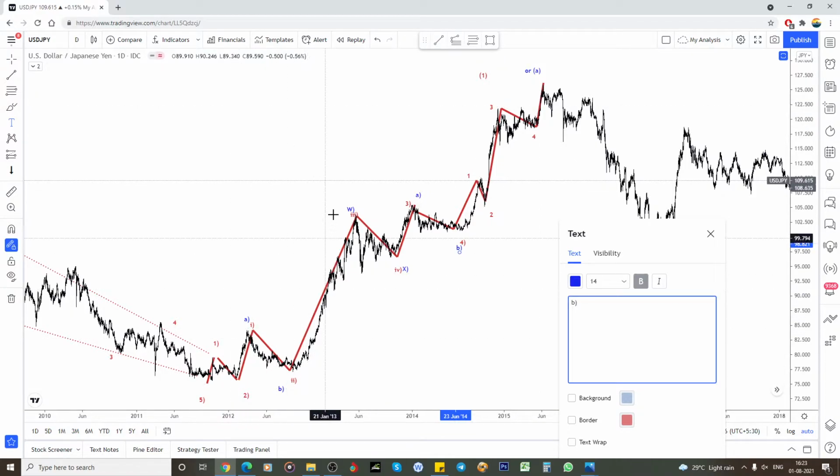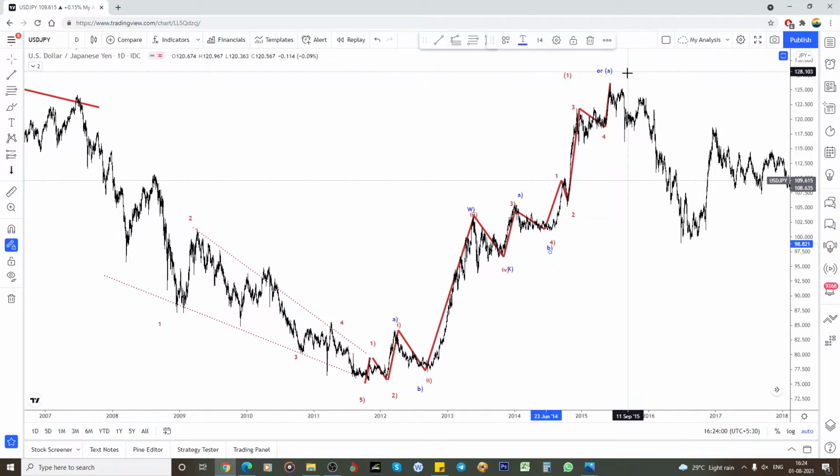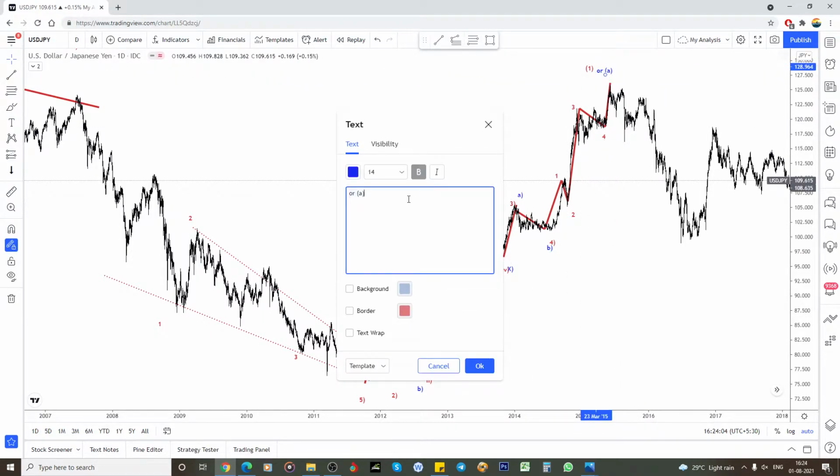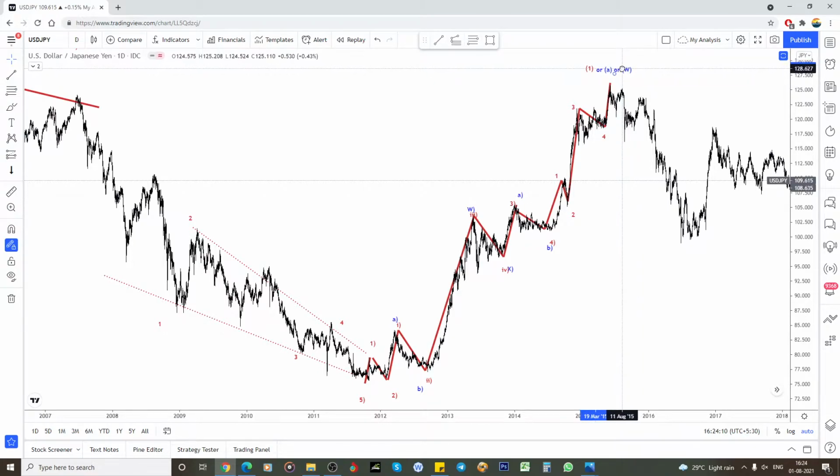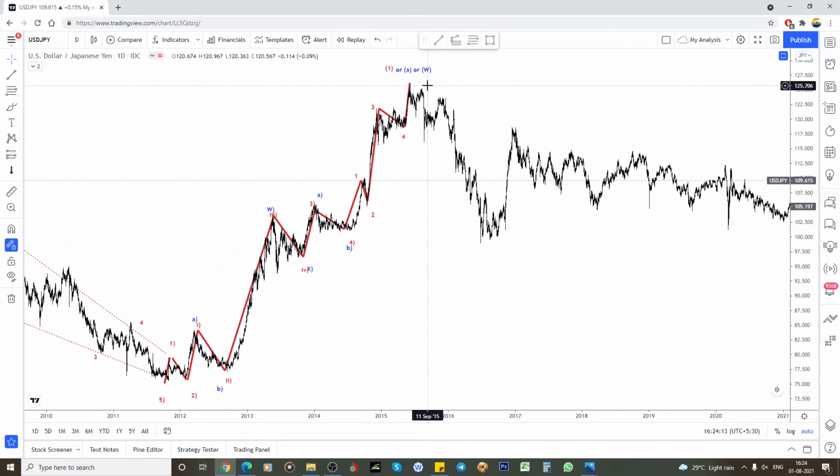So once this is a connecting wave in the double correction, it could be again W also. So 1 or A or now W, the double bracket, right? Sorry, the bracketed W.